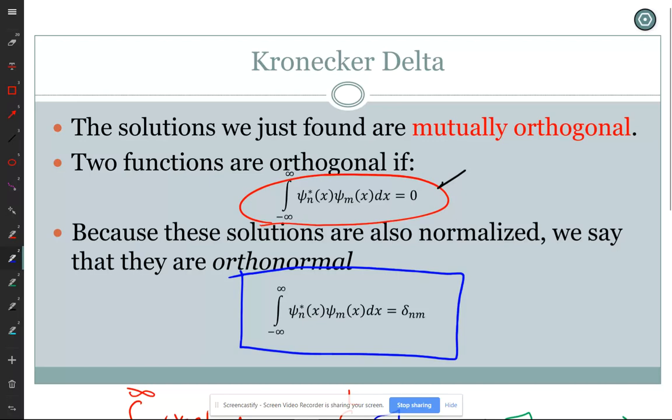Indices? Yeah, indices is the plural of index. So n is an index, m is an index, and then another indices. In today's world, people would probably say indexes, but that's just wrong.